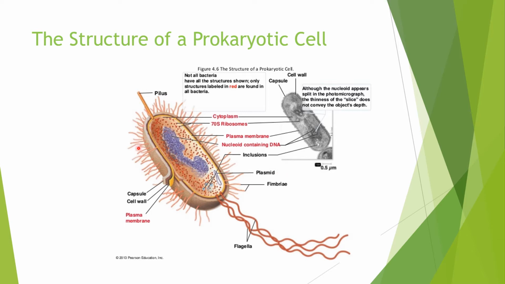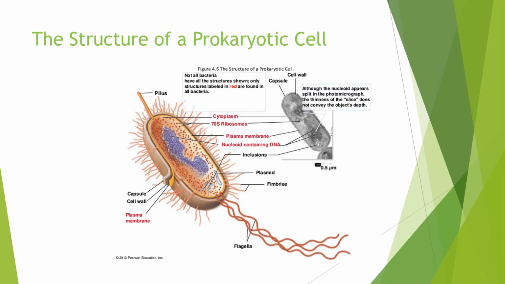Some bacteria have fimbriae, which are found surrounding the cell, like so. We're going to talk about their functions in just a few. Some of them have those projections known as pilus, or plural would be pili. Some of them have flagella, which is going to help them move, but there are other means of movement, and not all of them have flagella. A cell wall is going to be on top of the plasma membrane, and on top of the cell wall there is a layer known as the capsule.